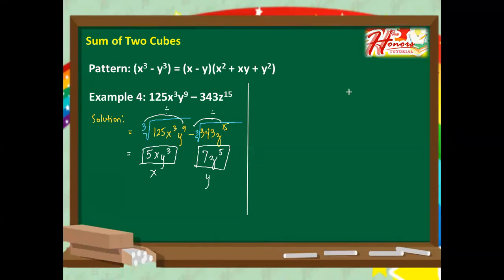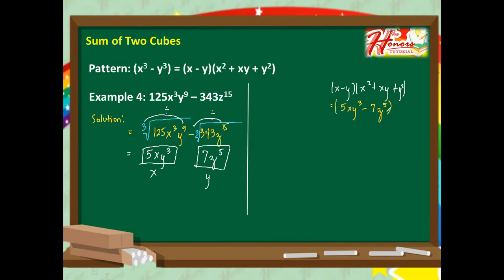So let us have the pattern now. So we have here the quantity of x minus y times the quantity of x squared plus xy plus y squared. And then let's substitute the value of x, and that is 5xy cube, minus the value of y, so that's 7z raised to 5, times the quantity.